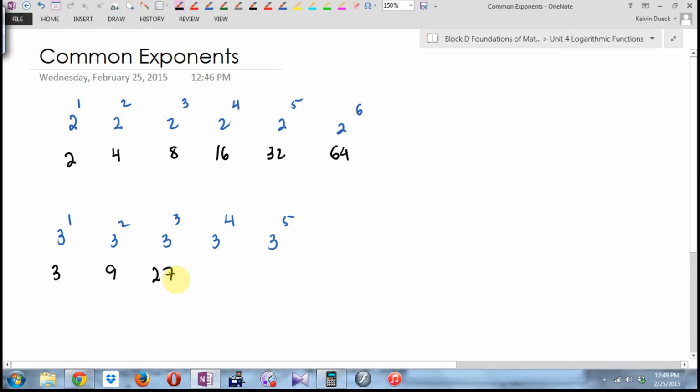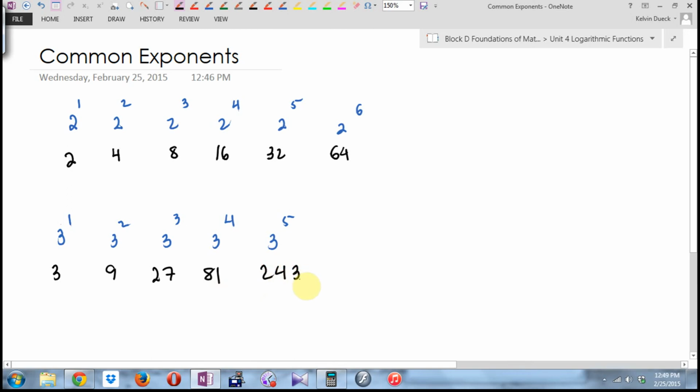3 to the 4th, which, by the way, is really 9 times 9, because it's 3 squared squared. 81. 3 to the 5th. You can multiply 81 times 3 in your head, because it's 80 times 3, 240, 1 times 3, 3. It is 243. And again, do you have to have these at your fingertips?